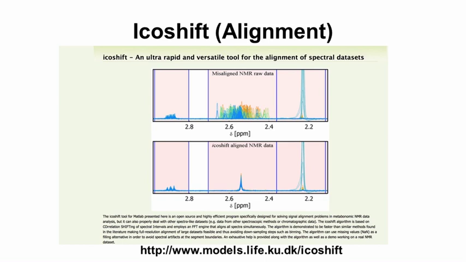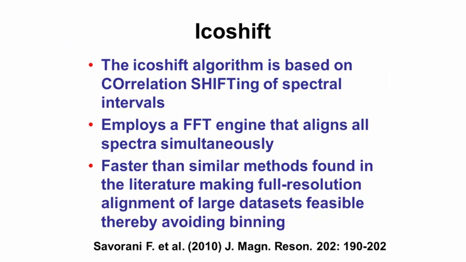It's very fast. It was developed by a group in Denmark, and it's one of the tools used in MVAPACK, developed by Rob Powers. In this case, icoshift is essentially an iterative method for looking at spectral intervals and at correlated shifting of those intervals. To make it fast, it uses a fast Fourier transform that allows you to do this alignment simultaneously.